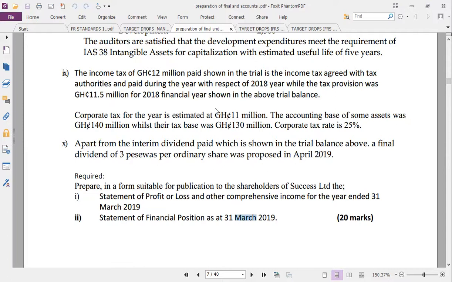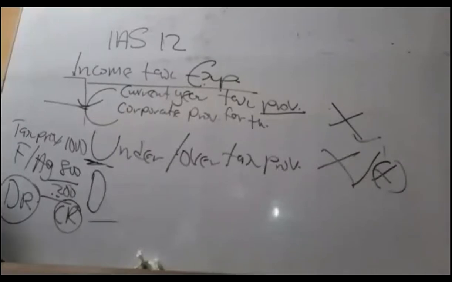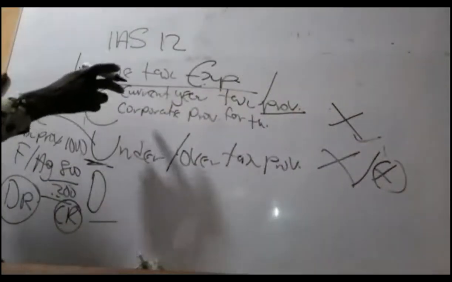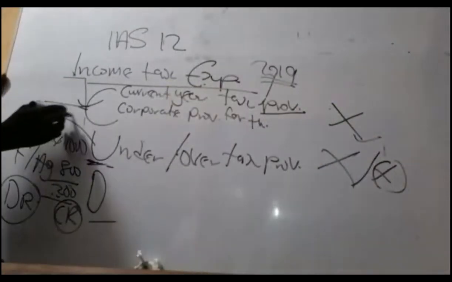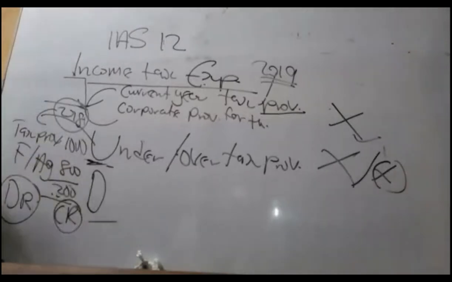So always the under or over tax, because it's a reconciliation, is as a result of the previous year, the immediate year. So if you prepare for 2019, the current year tax provision will bear 2019. Then the under or over will bear 2018, because you can only confirm last year's tax. You can't confirm this year's tax before the tax authority confirms it for you. Good. So that is it.